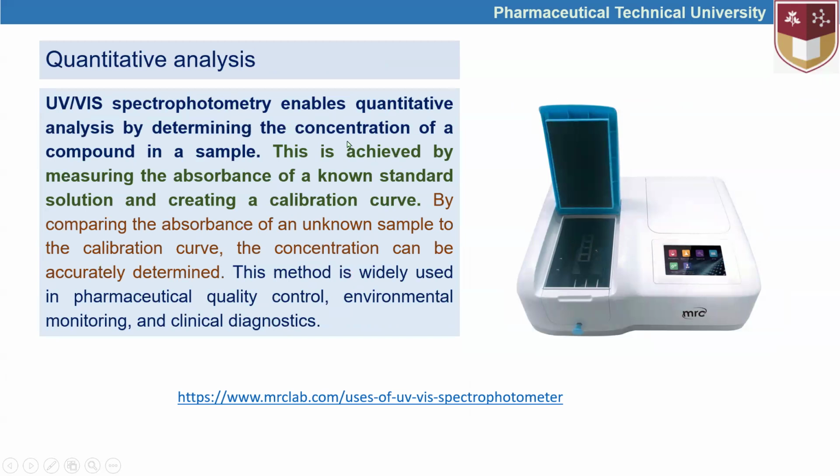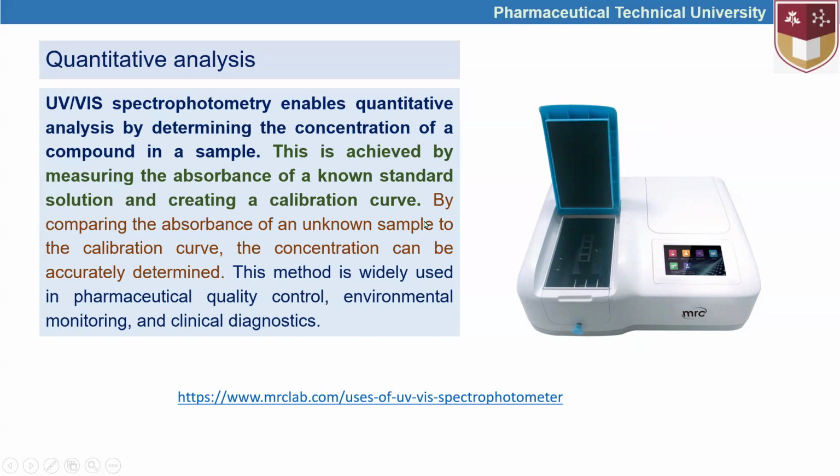And is it possible to use UV spectrophotometry for quantification? Yes, the answer is yes. UV spectrophotometry enables quantitative analysis by determining the concentration of a compound in a sample. This can be achieved by measuring the absorbance of a known standard solution and creating a calibration curve.